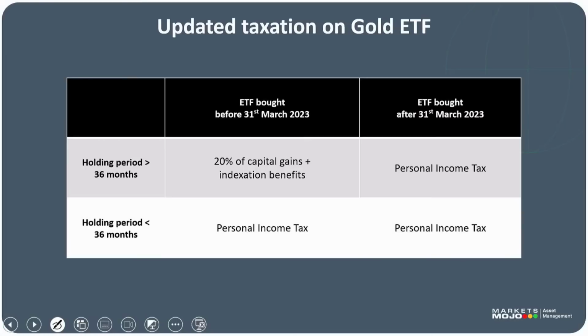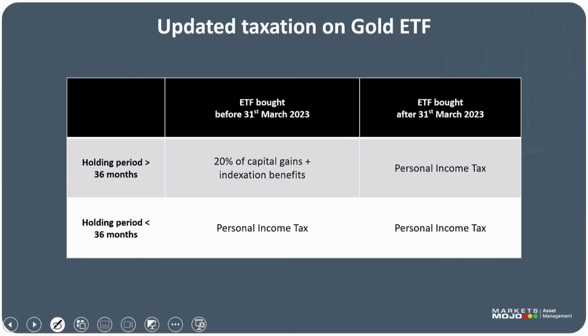Suppose you bought before 31st March 2023 and it's long term, that is, held for more than 36 months, not 12 months. Don't get confused with 12 months. If you hold for more than 36 months, it will be 20% capital gain tax plus indexation benefits. So your overall tax will be less than 20%, because you got an indexation benefit.